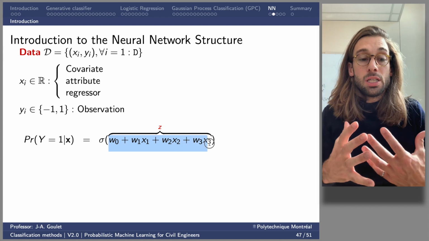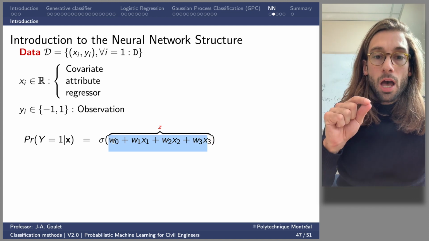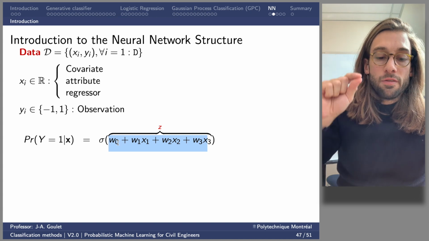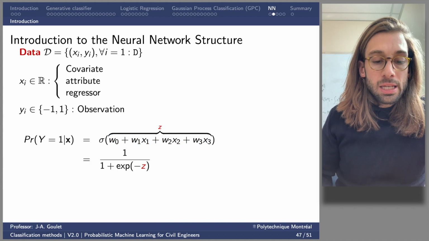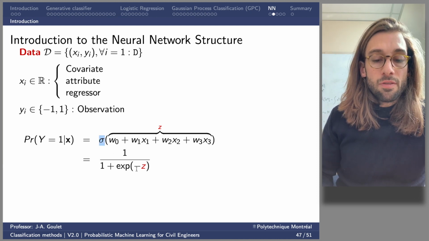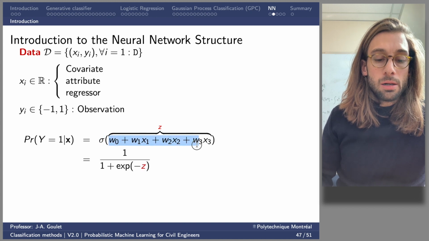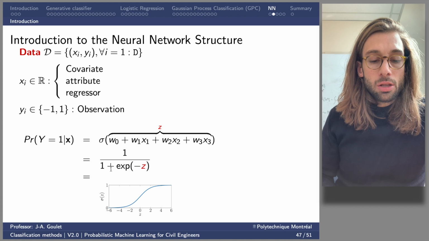In the case of logistic regression, our function was W0, the origin for my linear function, plus W1 x1, W2 x2, W3 x3, in the case where we have 3 covariates. And sigma here is actually the logistic function, and Z is what I have inside my parentheses here. And again, just like with logistic regression, it looks like this.